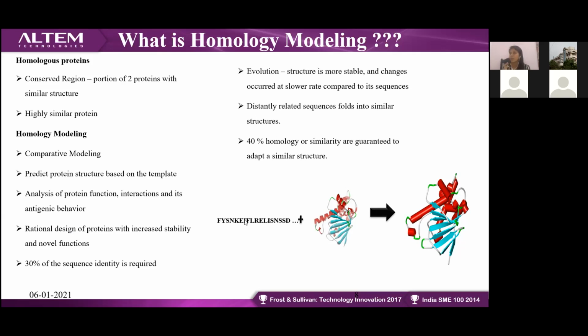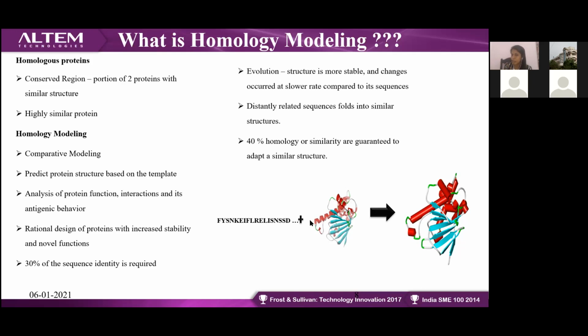So whatever I have mentioned, this is called the sequence. You will be having your protein sequence. You know very well about the cell and the central dogma of the cell, in which DNA is converted into RNA, and RNA is converted into protein. So through translation, we have got the protein sequences. Those protein sequences are what we have mentioned here. If you have this protein sequence, you have to find your template sequence.